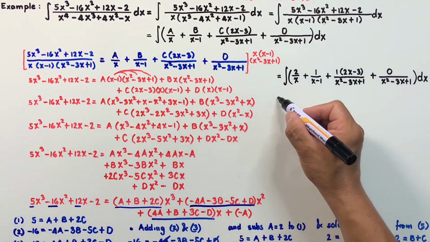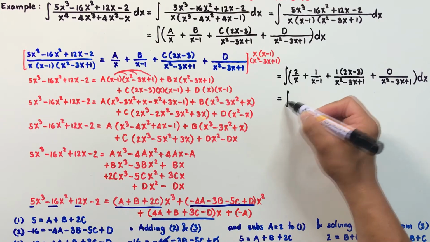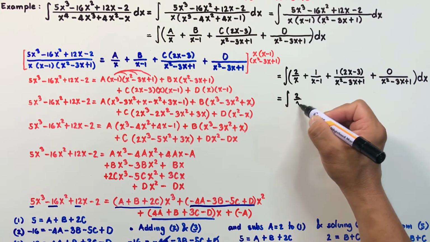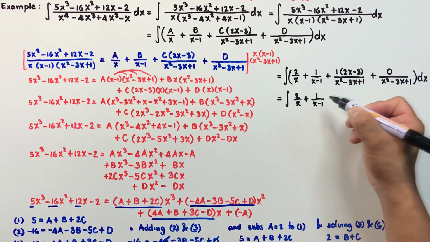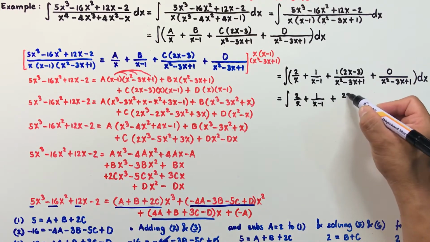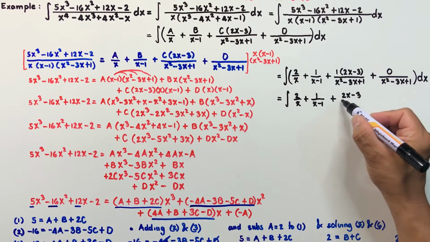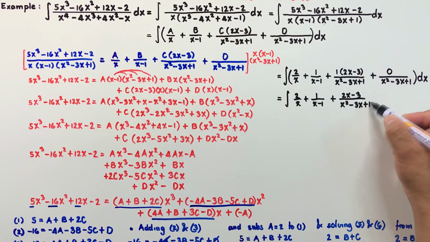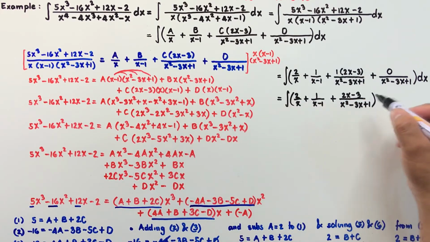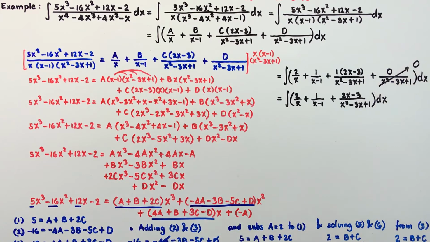So simplifying our integrand here, this is 2 over x plus 1 over x minus 1 plus 2x minus 3 over x squared minus 3x plus 1 here, because this one will go away to 0.